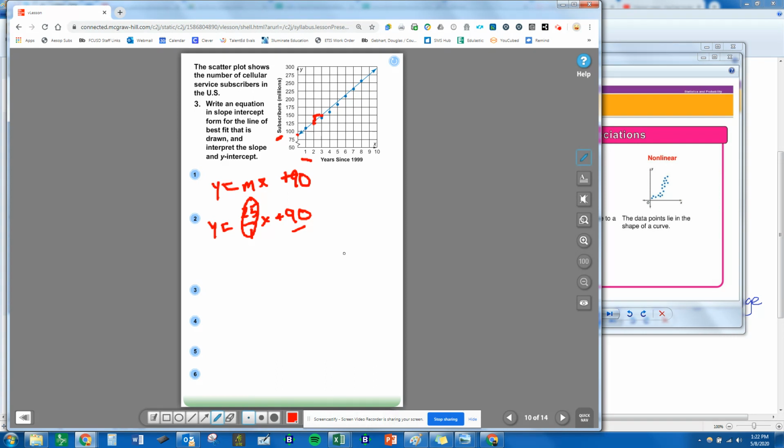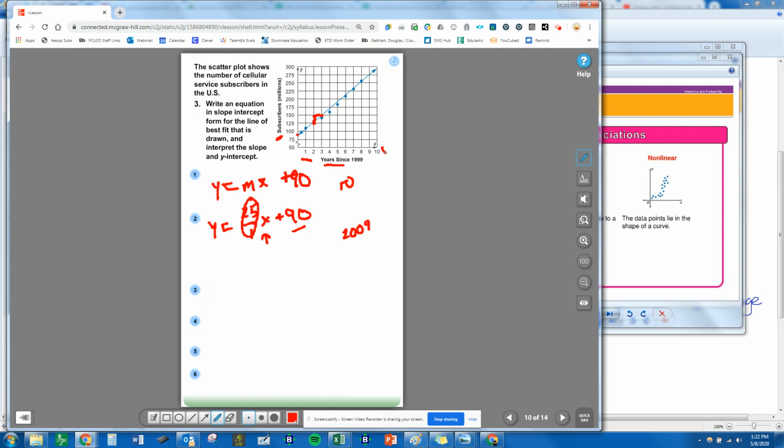Great. And last, what if I asked you to make a prediction at the year 2009? Well, that would be 10 years since 1999, right? So how we would do that is we're going to plug in the 10 as the x value.